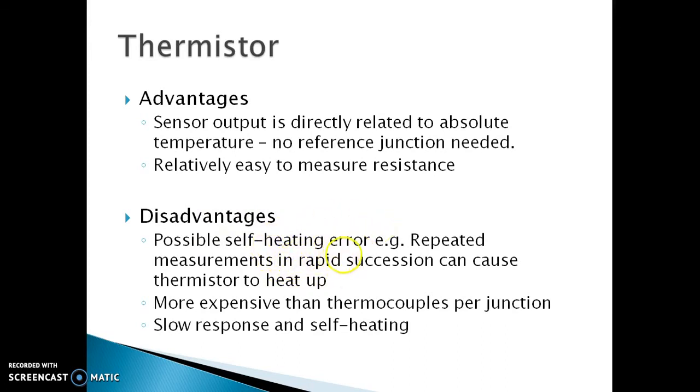The second disadvantage is it is more expensive than the thermocouple, since we have to use different metals or oxides. And the third disadvantage would be the slow response. That is, once you measure, the instrumentation stage will get the resistance change or the temperature change in a slower time as compared to thermocouple.